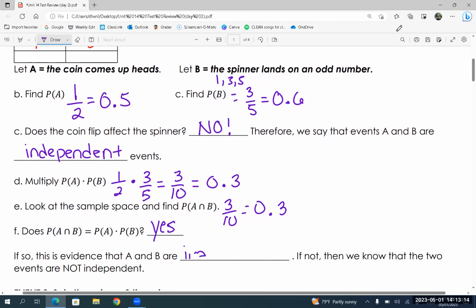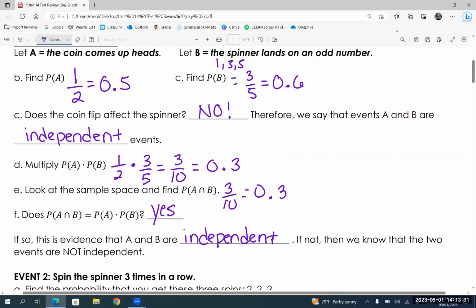So that's how mathematically we prove independence when we have A, we have B, and we have A and B. If not, then we know the 2 events are not independent. So if those were not equal, if we didn't get 3/10 and 3/10, then they would be not independent, or you could say they are dependent.